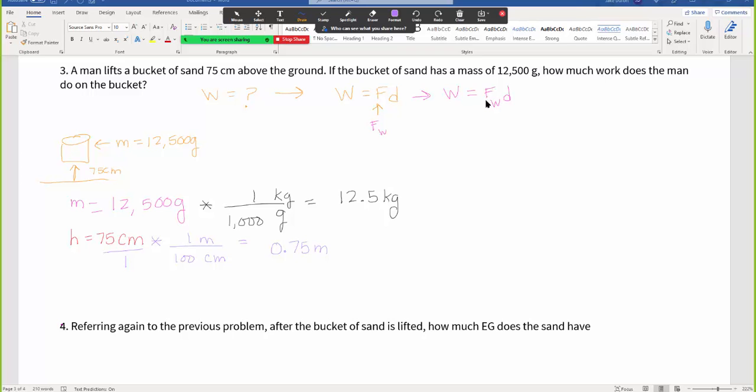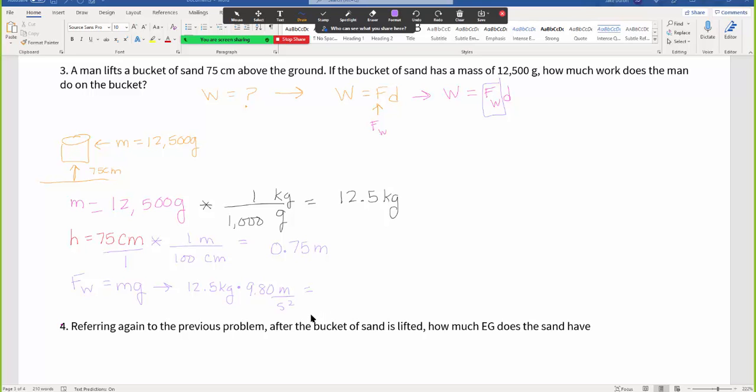All right, and then the force of weight, FW, that's equal to mass times gravity, right? So the force of the weight is going to be the mass, which was 12.5 kilograms, times gravity, which is 9.80 meters per second squared.